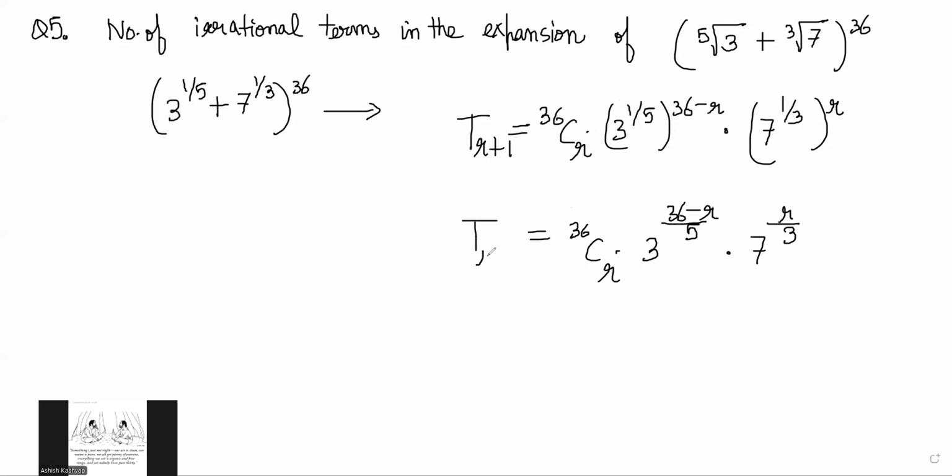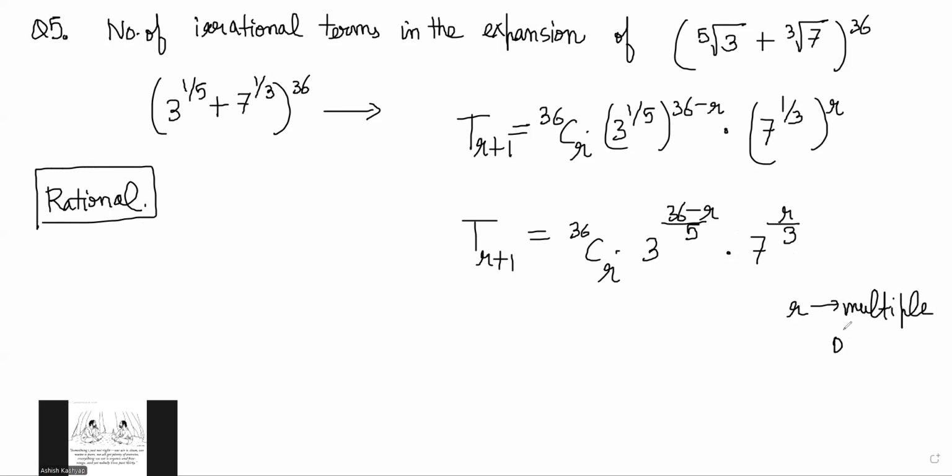Now we have to find the number of irrational terms, but it will be easier to check when the terms are rational. So what are the possible values of R for which it becomes rational? First of all, R should be a multiple of 3, then only the 7 power will give us a rational number. So if you take all the multiples of 3 from 3 to 36, we'll be able to figure out when the first term becomes rational.